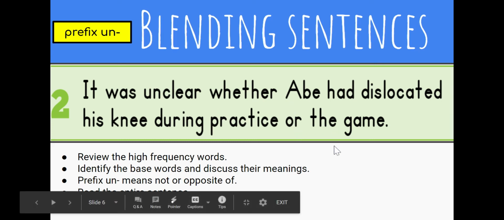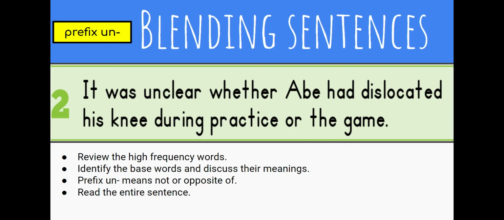Alrighty, Kipsters. Now that we've identified the sight words, let's look for words that have the prefix un. Do you see it? I do as well. Unclear. First, let's start by identifying the base word, clear. If something is clear, you got it.